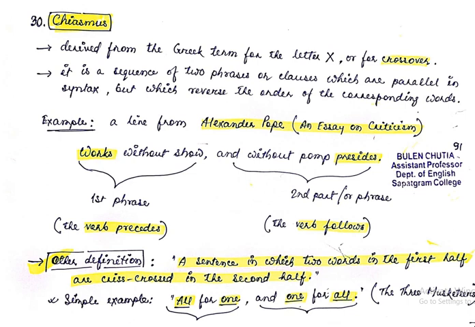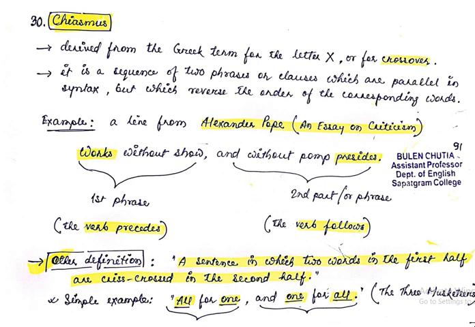In the first phrase, we can notice that all comes first, one comes next. And in the second phrase, one gets the position of all, and all goes to the position of one. This famous line is from the important work The Three Musketeers. I think you have heard about this great work.